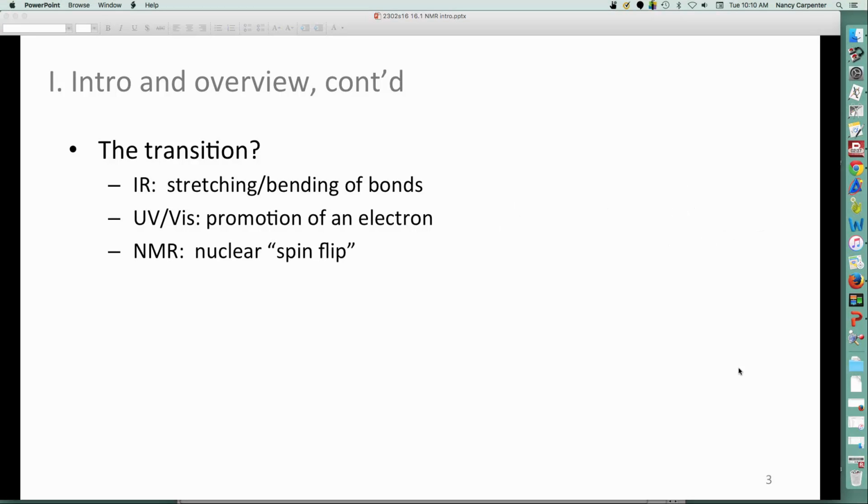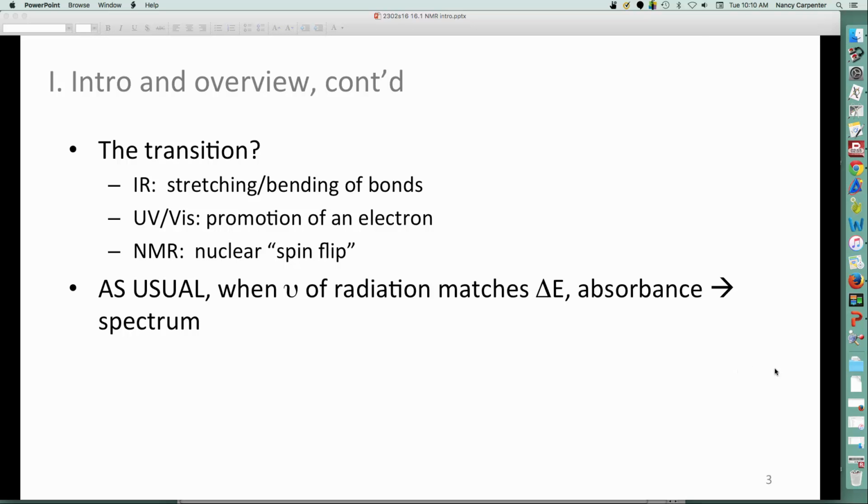Now, what about NMR? NMR is really kind of bizarre. The molecules that absorb that teeny amount of energy in the NMR radio frequency range of the electromagnetic spectrum are undergoing what we call a nuclear spin flip. So basically, as usual, when the material absorbs energy whose frequency of radiation matches this energy gap, whatever that energy gap translates into, and it's the spin flip, that energy is absorbed.